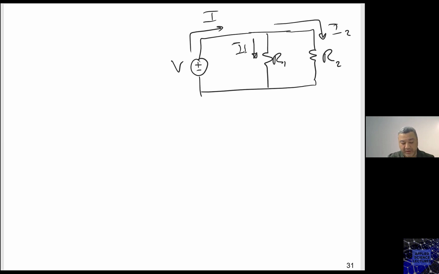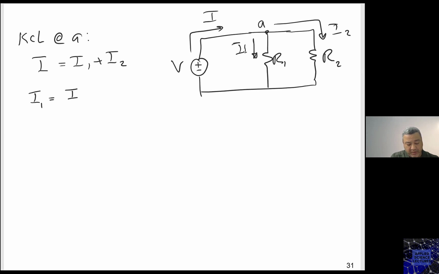So again, back to the KCL. As I have seen earlier, I have the total current I equals I1 plus I2. So if I want to find I1, for example, then right now I'm deriving the expression for the current division. In this case, I1 equals I minus I2.